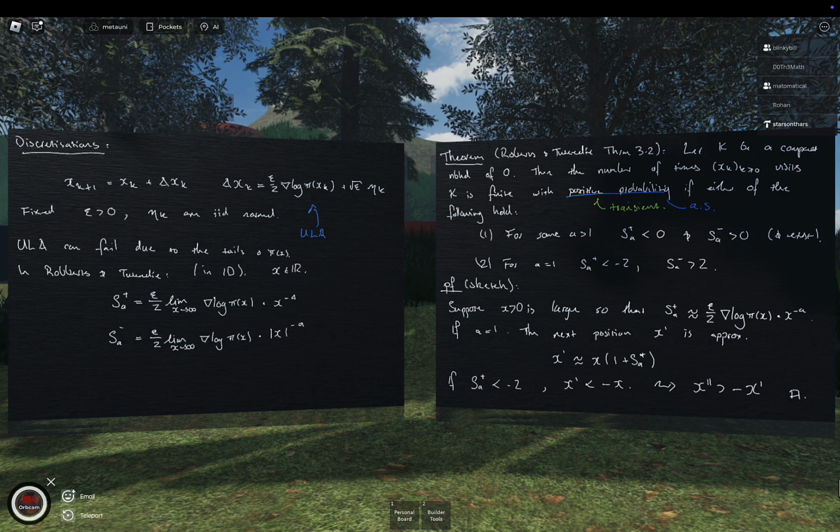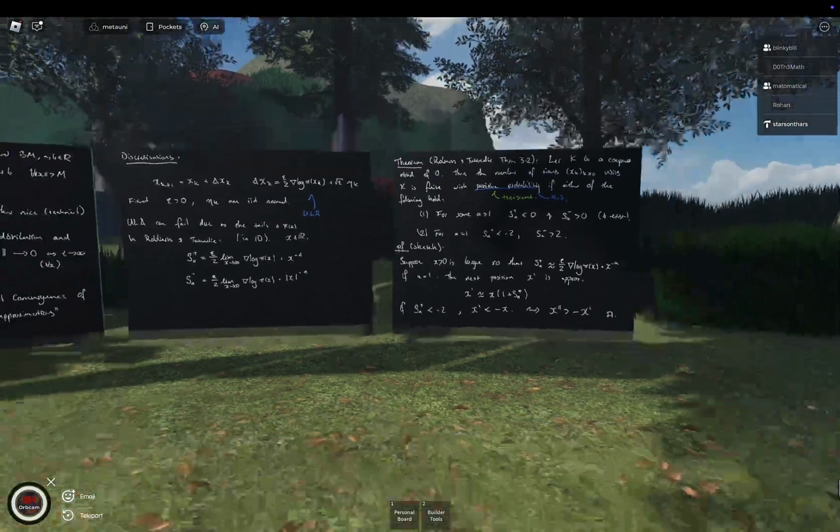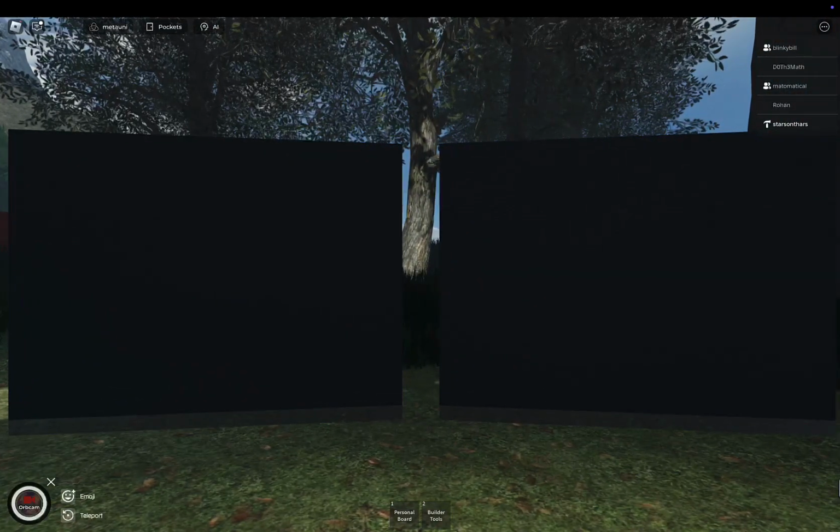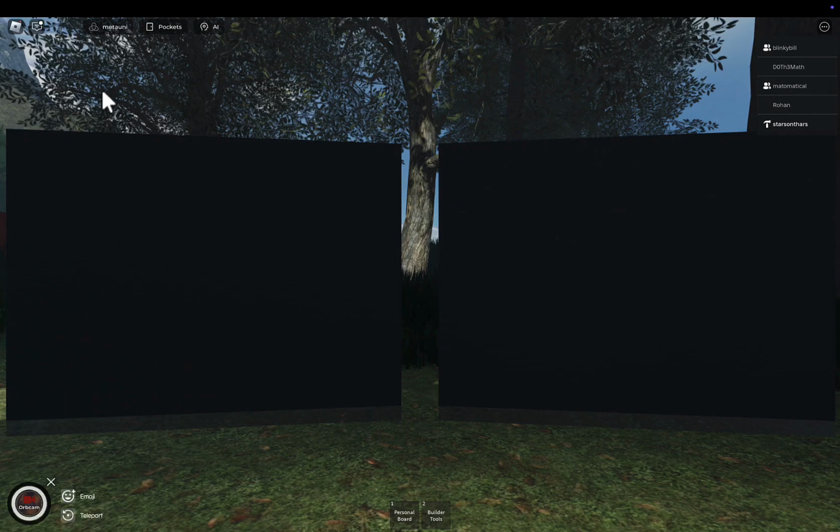Cool. Okay. But yeah, there are lots of examples in Roberts and Tweedie, which is really nice, including cases where the SGLD chain converges, but to a different distribution, which is a little bit evil. I don't know how contrived that one is.